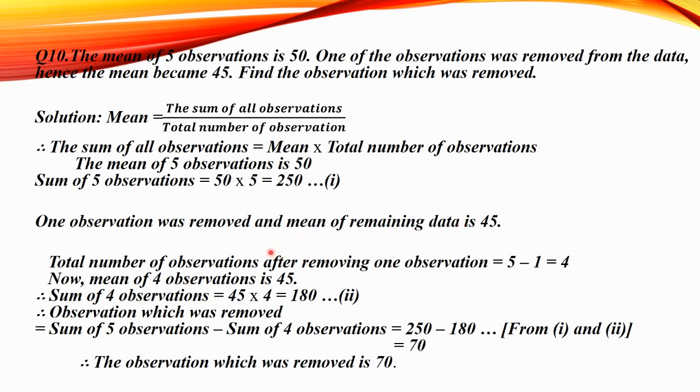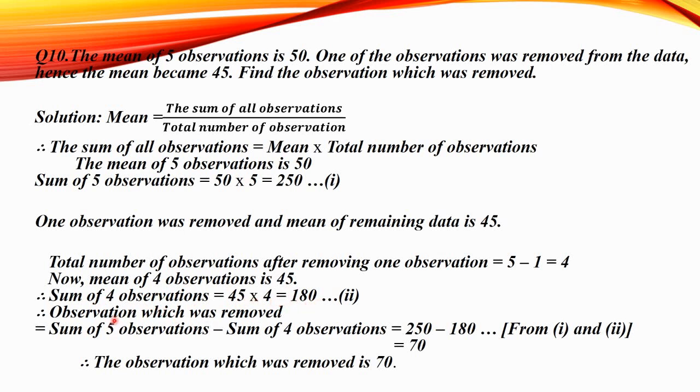Now, one of the observations was removed and therefore the mean was 45. When the observation is removed, the total number of observations left with us is 5 minus 1, that is equal to 4. Therefore, the mean of 4 observations is 45. Therefore, the sum of 4 observations will be equal to 45 multiplied by 4, and that is equal to 180.